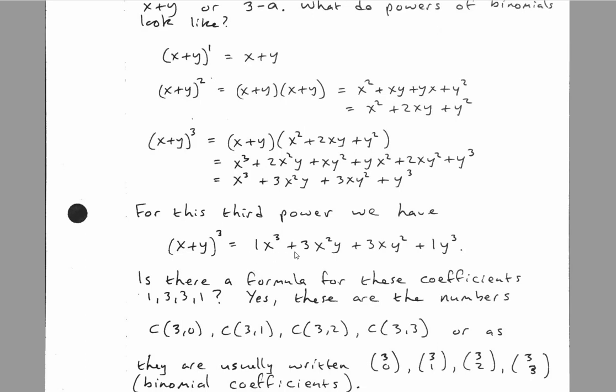Okay, and these numbers, these are called coefficients, 1, 3, 3, and 1. Is there a formula for these coefficients? Yes, so these turn out to just be these combination numbers that we looked at last time.